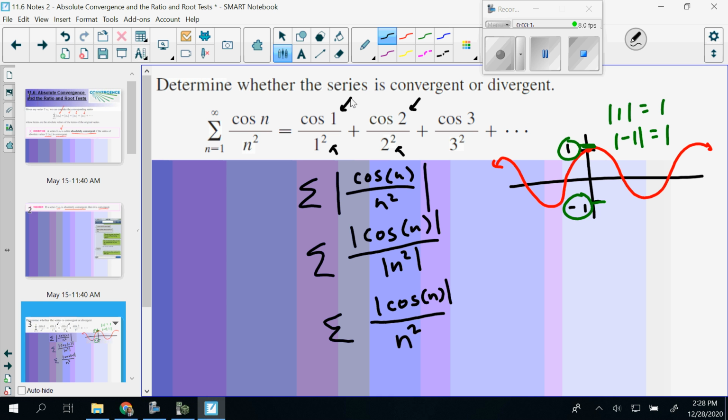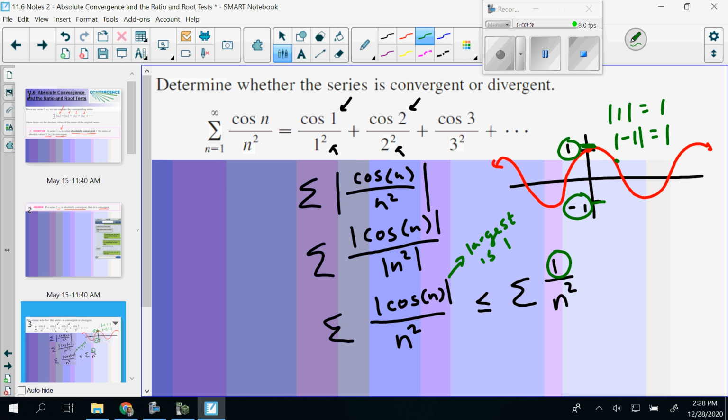And so this series is always going to be less than or equal to a comparable series of 1 over n squared, because the largest value that cosine could equal with it being in the absolute value sign is +1, which we have here.